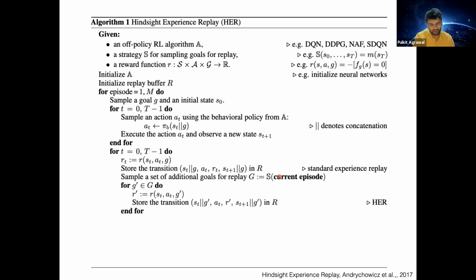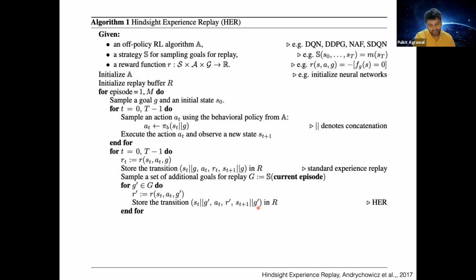Now, what we're going to do is we're going to change this step by doing relabeling. And now what we do is we modify the goal G prime, right? We say, well, G is no longer my goal. My goal is going to be G prime. And I'm going to store this in my replay buffer also, right?